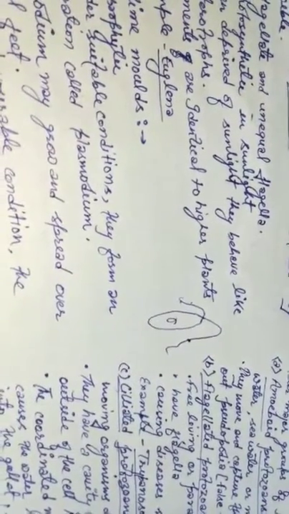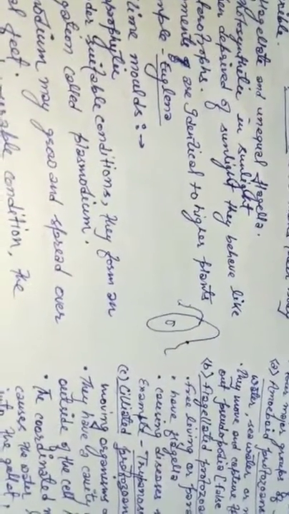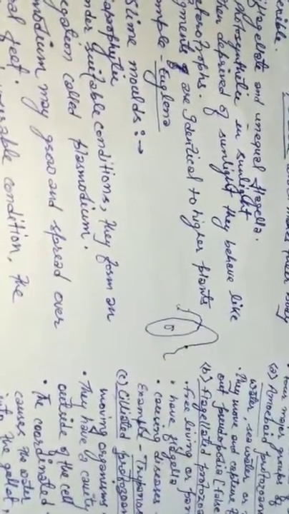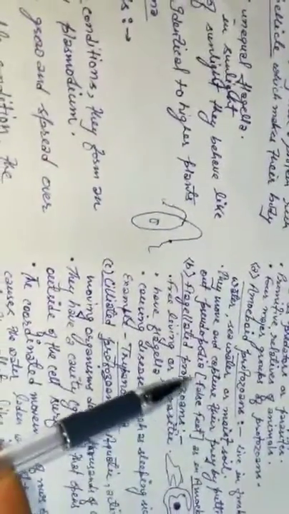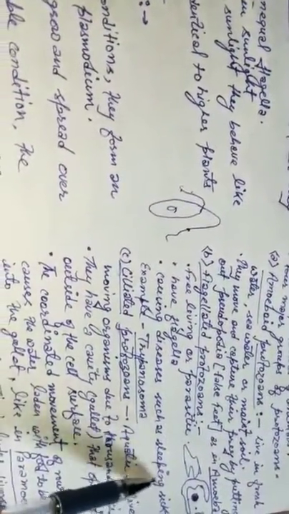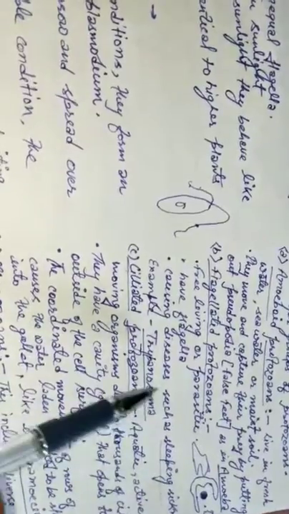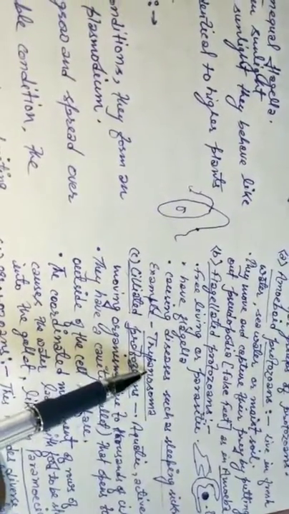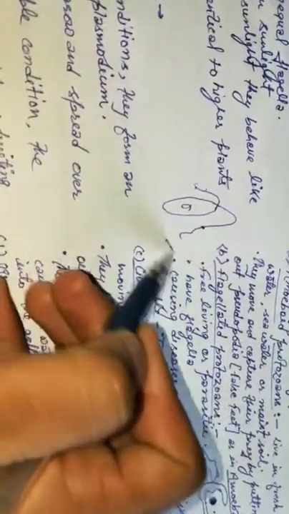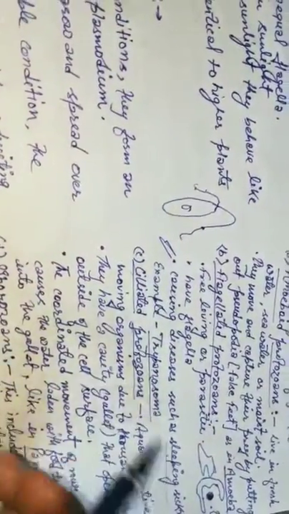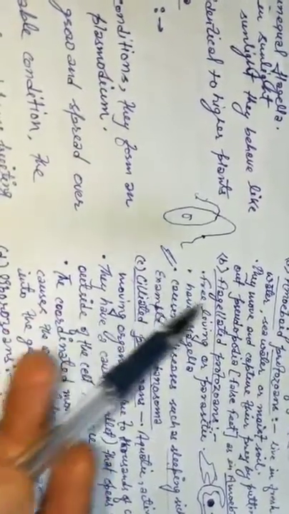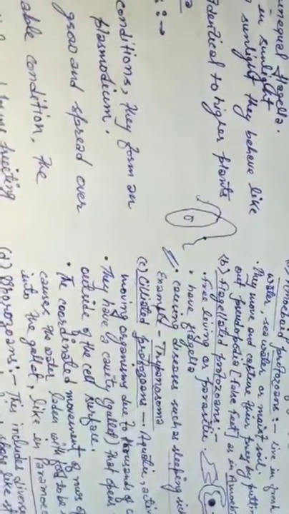The parasitic form causes many dangerous diseases, such as a very common disease known as sleeping sickness, which is caused by trypanosoma. So ये important है कि ट्रिपेनोसोमा कौन सी डिजीज फैलाता है, स्लीपिंग सिकनेस, और ट्रिपेनोसोमा किस में आता है, फ्लैजिलेटेड प्रोटोजोअन्स में.